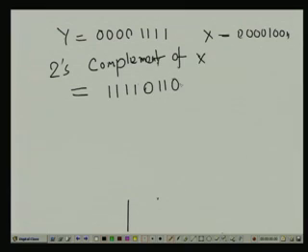Then it will be plus 1. So, this is 1 1 1 0 1 1 1.